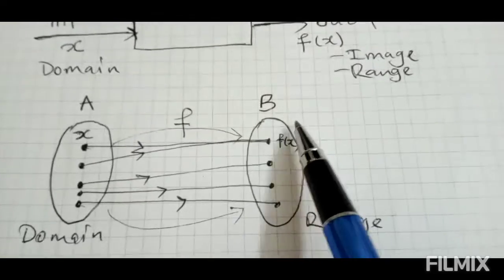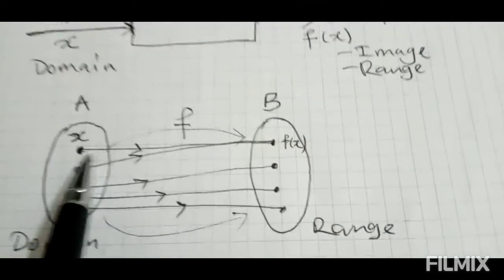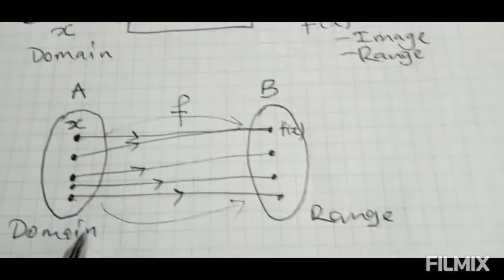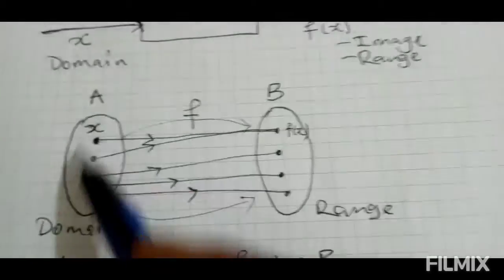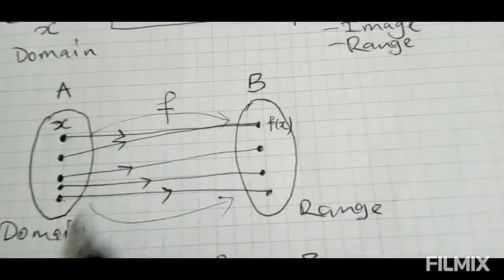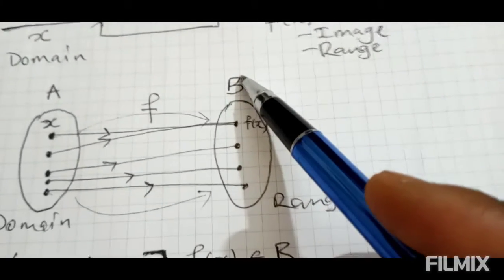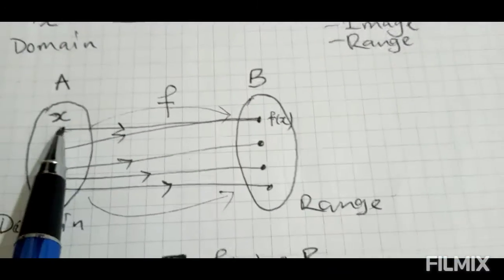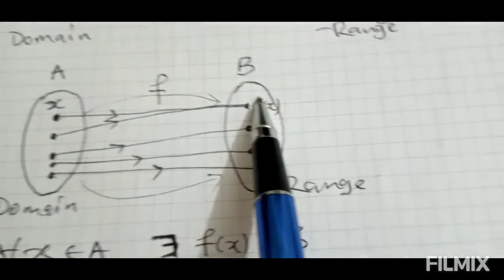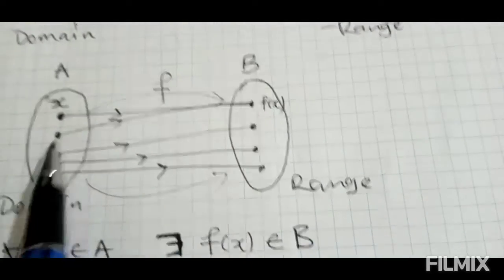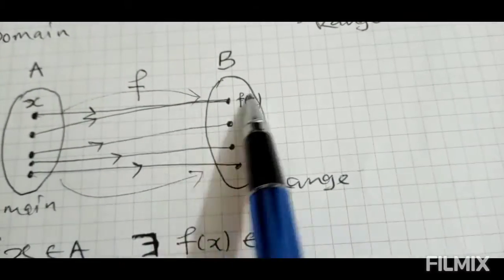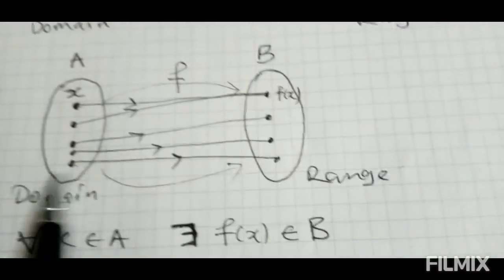So now you have elements, okay? If you know the sets, of course, I assume you know the sets. You know elements. You have elements in set A and also have elements in B, okay? So here, look, every element is going to an element in B, okay? This element is going to an element in B, from A to B.